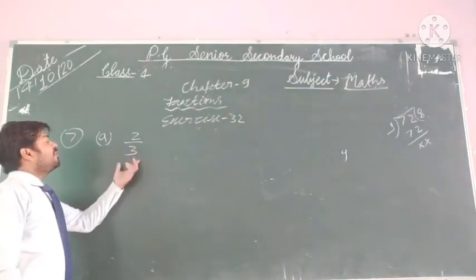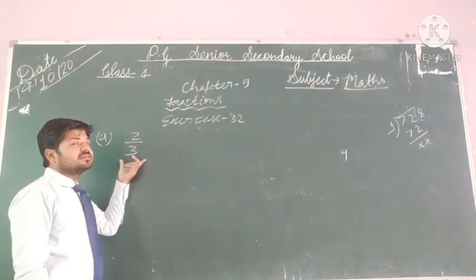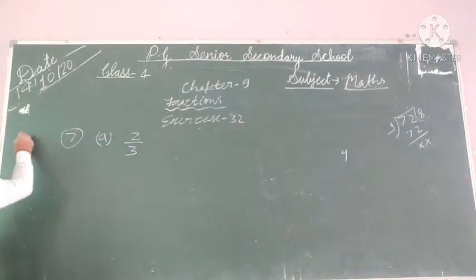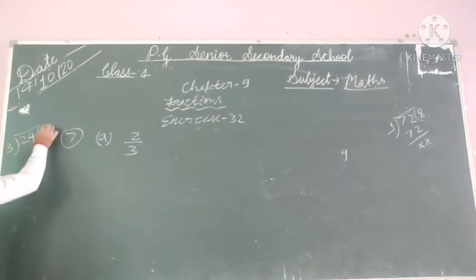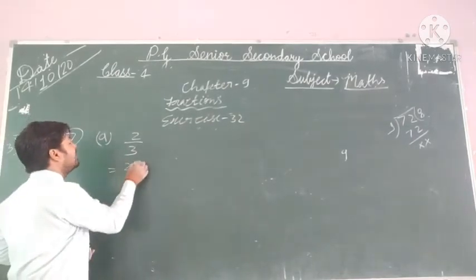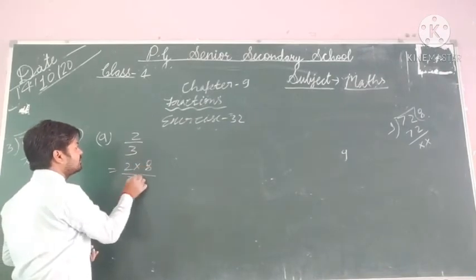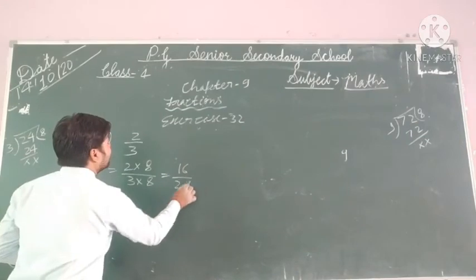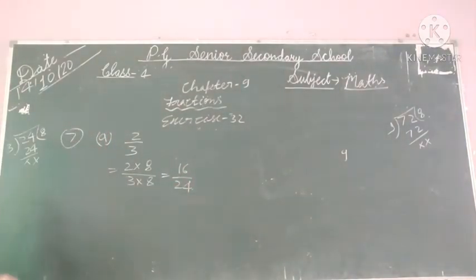So डिनोमिनेटर कैसे 24 बनेगा बेटा? So 24 बनाना है तो डिनोमिनेटर को 24 में 3 से हम डिवाइड कर लेंगे। कितना आ गया? 8. Now it will be multiplied by 8. 2 8 is 16 and 3 8 is 24. Okay.